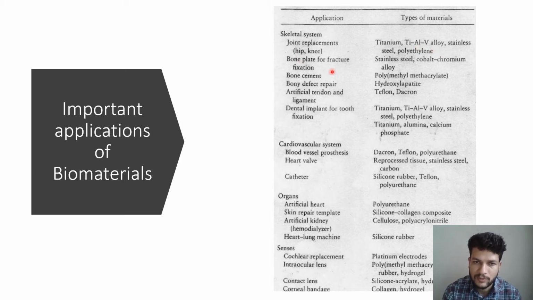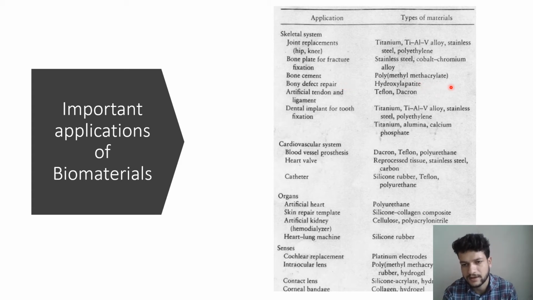For bone plates for fracture fixation, stainless steel, cobalt, and chromium alloys are used. Bone cements are used to fill broken bones or the gaps between bones, and the material used for this is polymethyl methacrylate. And in bone defect repair, hydroxyapatite is commonly used.